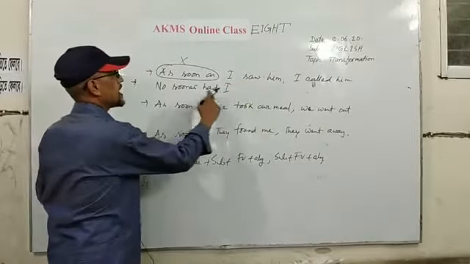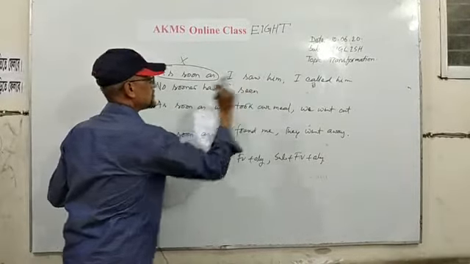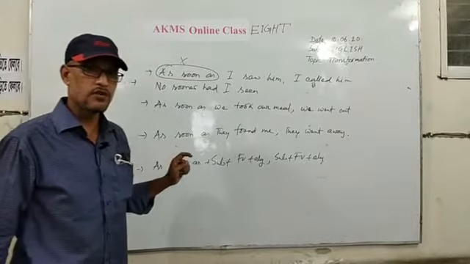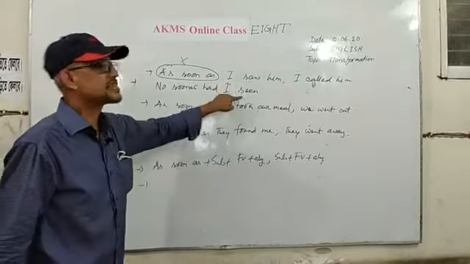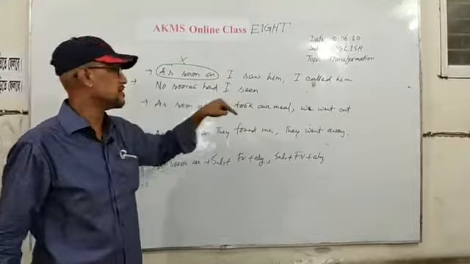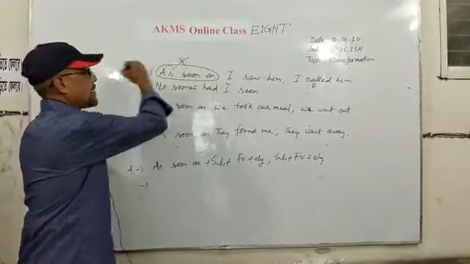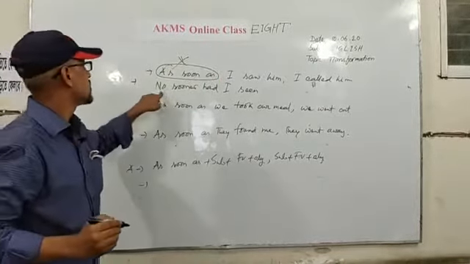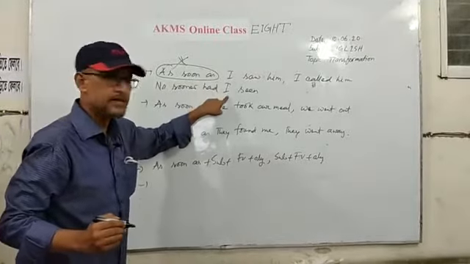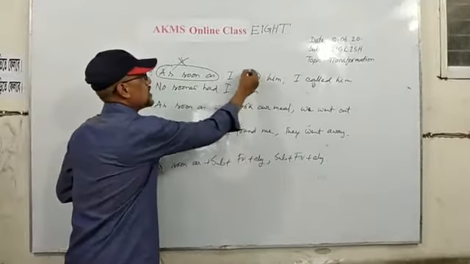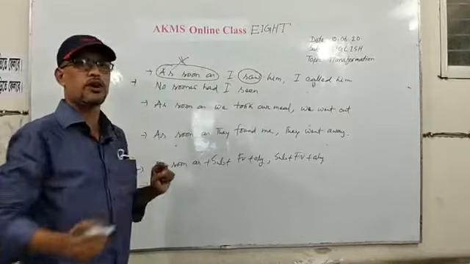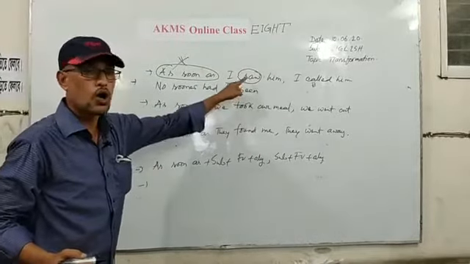No sooner had I seen. The past participle form of see: see, saw, seen. By erasing "as soon as", "no sooner had", then I, then the past participle form of saw, seen.